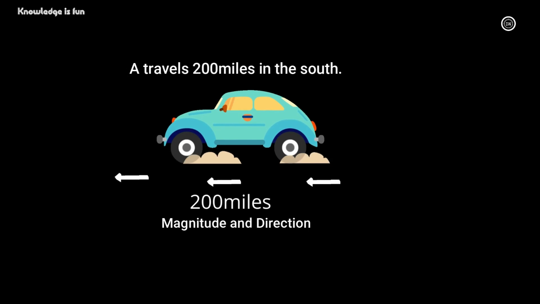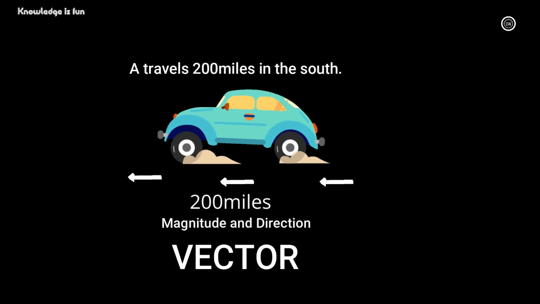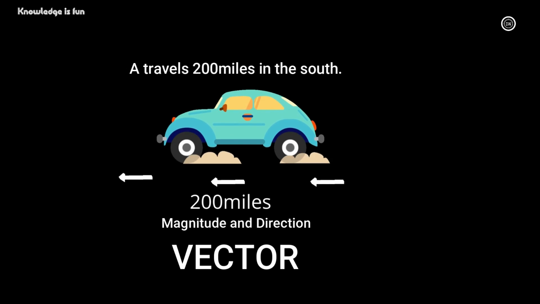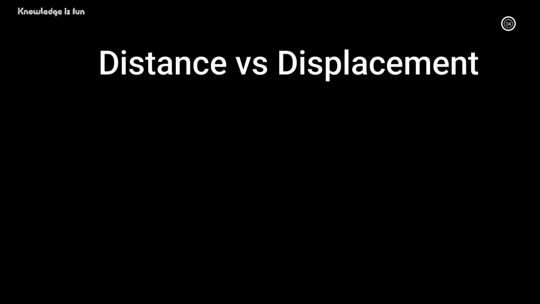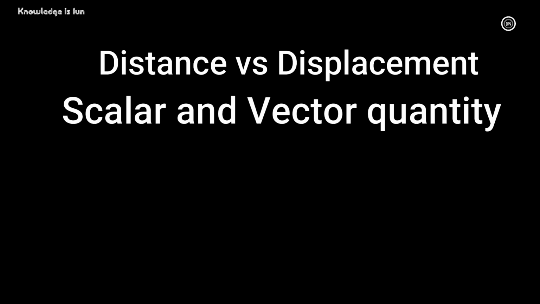Do not forget, displacement is a vector quantity which has both magnitude and direction. So having said all this, I believe that you understand the differences between distance and displacement, and you know the differences between scalar quantity and vector quantity.